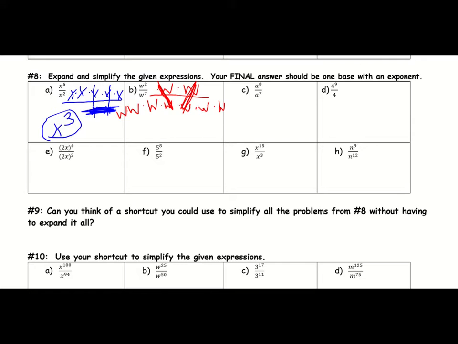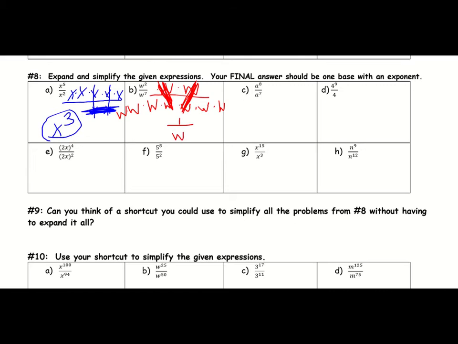Now, my whole entire top of the fraction is gone. But we can't just cross out the top and be like, no more top of a fraction. Bottoms are okay, but tops you've got to keep. So, on the top, if these were canceling out to be 1, I've got 1 left over 1, 2, 3, 4, 5 w's.